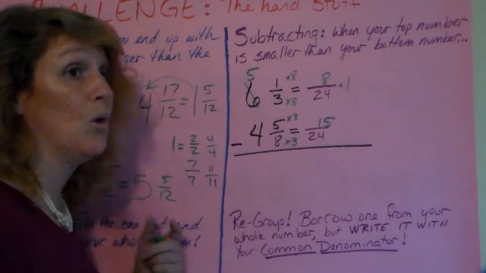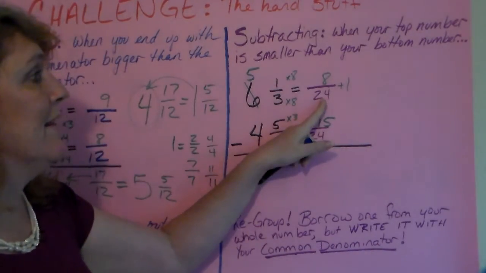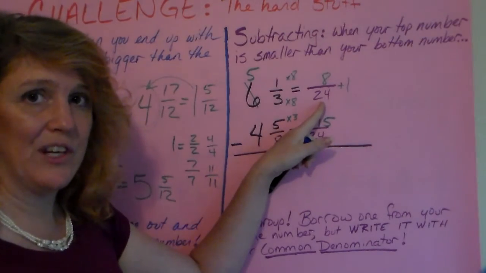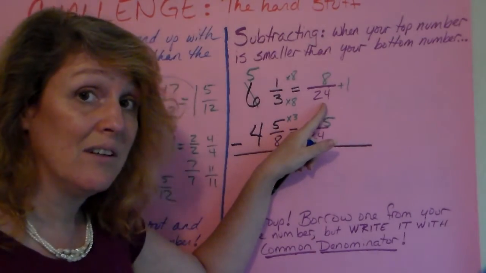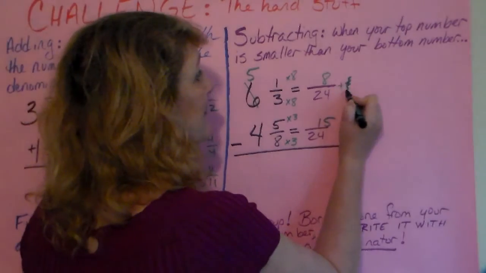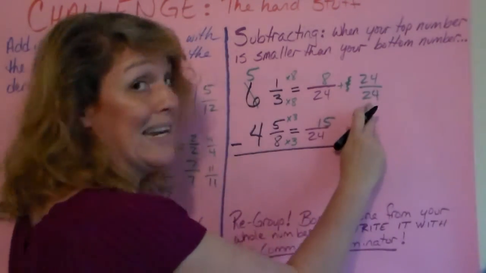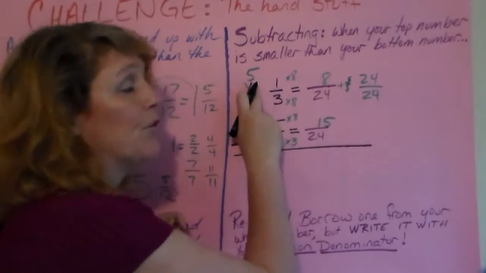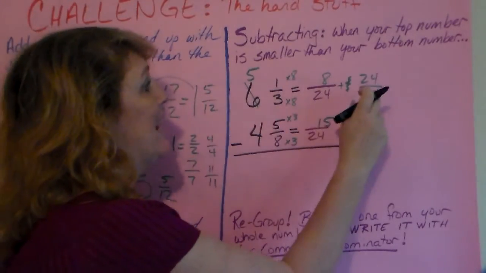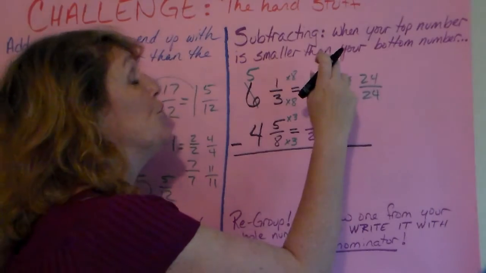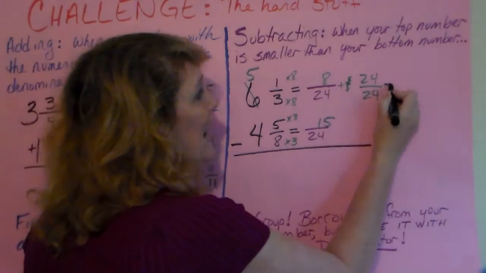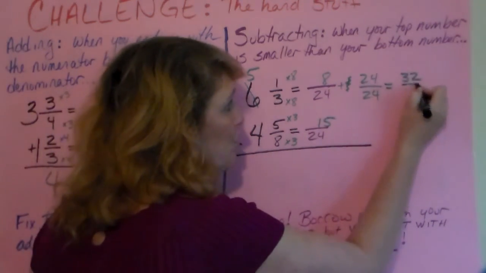All of these equal 1. Well, I want 1 that's going to add to 24ths easily. I've already got a denominator. I'm going to add 24 24ths to it. This is 1. This is the one I borrowed from here. I have to add 24 24ths to my 8 24ths. And now I got 32 24ths.